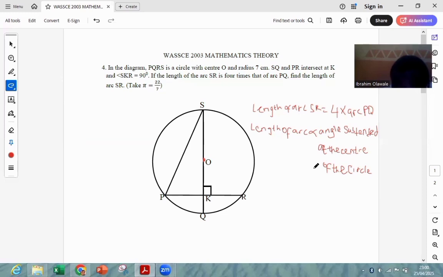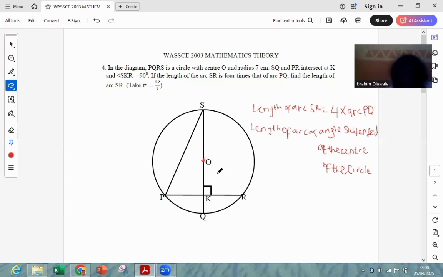The bigger the angle subtended at the center of the circle, the bigger the length of arc, and vice versa. That is, the smaller the angle, the smaller the length of arc. So here we are going to focus majorly on the angle each of arc SR and PQ will subtend at the center of the circle.